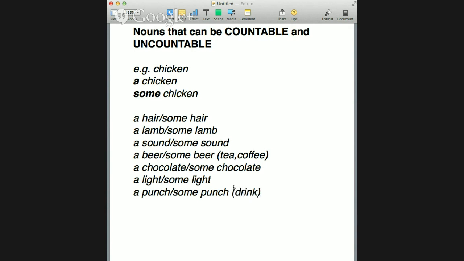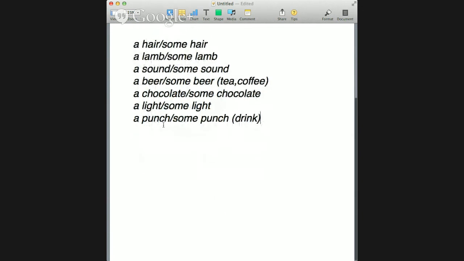It's like a mixture of fruit juice and sparkling wine or something like that, and maybe has fruit in it as well. So that's a very different meaning between the two. If you want to talk about the plural, you would say punches, right? A punch or two punches.